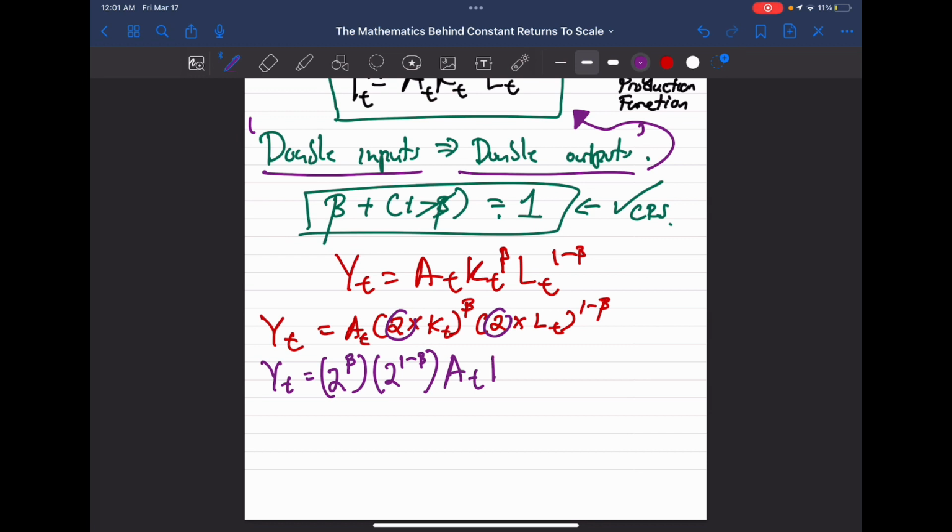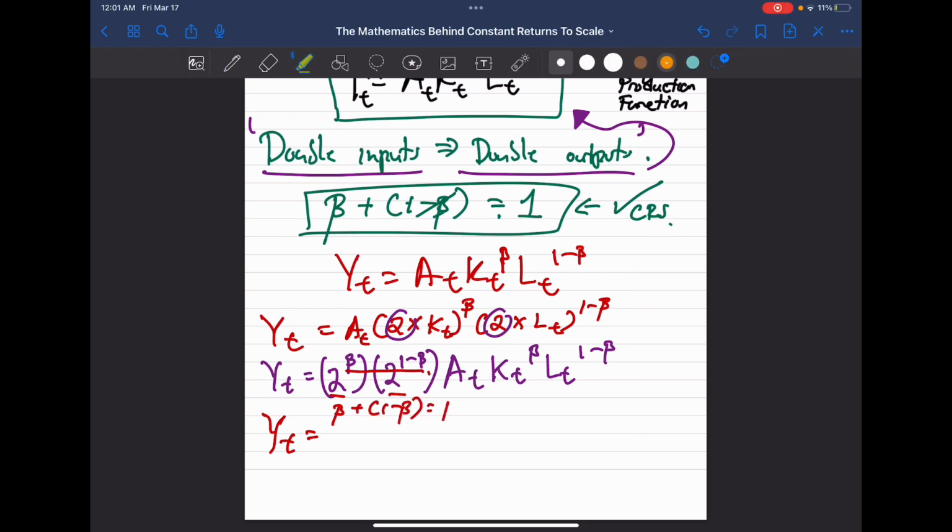Multiplied by K_t to the power of beta, and L_t to the power of 1 minus beta. Then recall the rules about exponents. We have here the same base, which is 2. And we're multiplying it. So what does it mean? That means we're adding the exponents. If we add beta plus 1 minus beta, that equals 1, right?